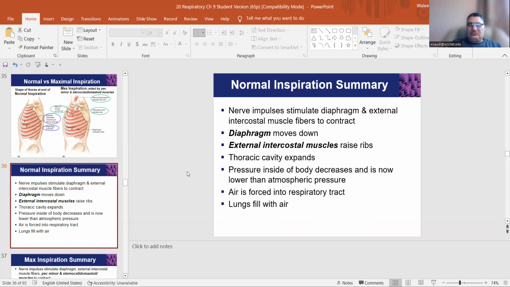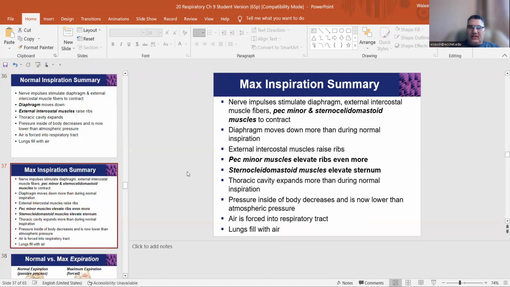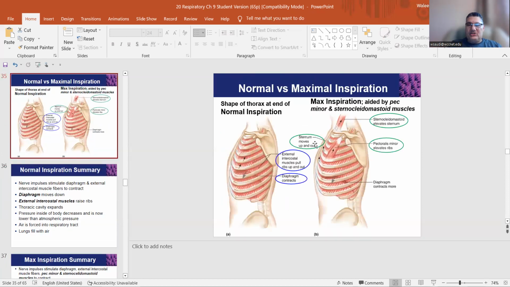Excuse me. So this is normal inspiration versus maximal expiration. In the maximal expiration, all I want you to know is this picture is good enough. We're not going to show you this picture maybe in the next class, but in this class, I just want you to know that during normal inspiration, inhale, it is the diaphragm and external intercostal.